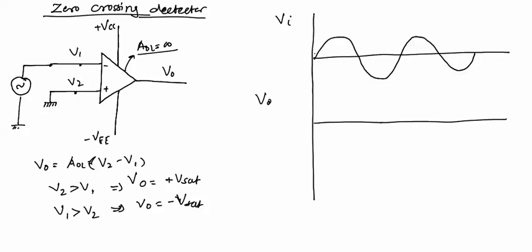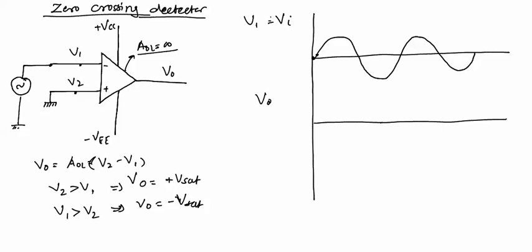Now we start from this point, from 0. If we increase with this sinusoidal voltage, at this point we have Vi equal to V1 is positive.